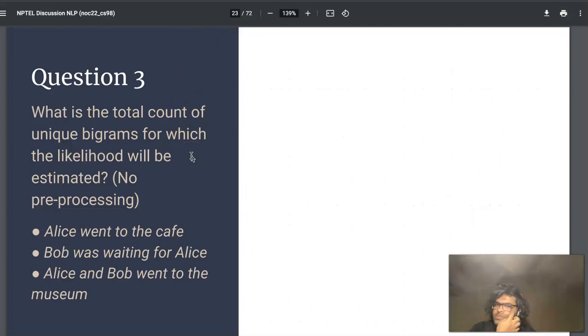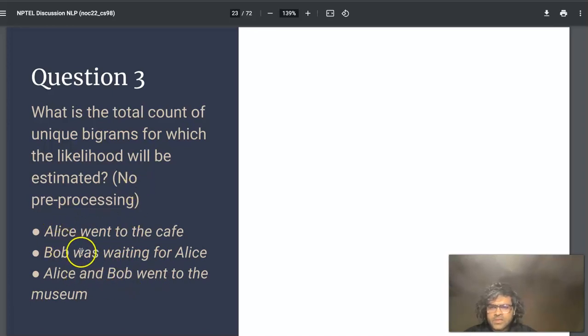Now in this question, they are asking what is the total count of unique bigrams for which the likelihood will be estimated. Suppose this is a corpus with only three sentences: Alice went to cafe, Bob was waiting for Alice, and Alice and Bob went to the museum.